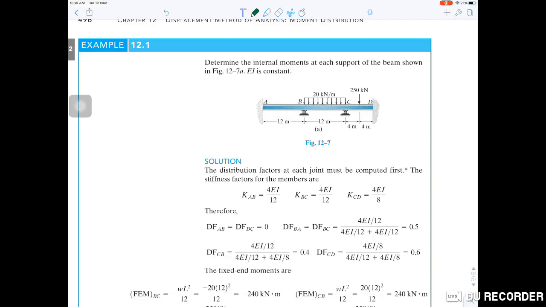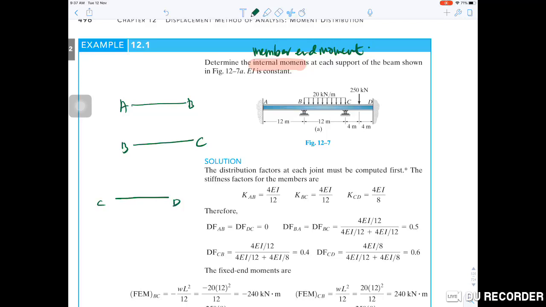Okay, internal moment here is also called member end moment. By looking at this figure, we are actually determining member AB, member BC and member CD.